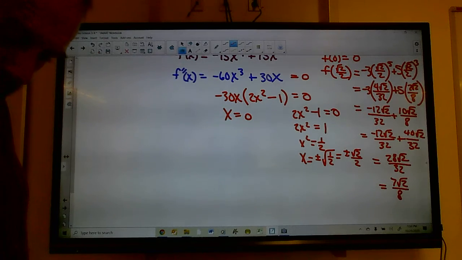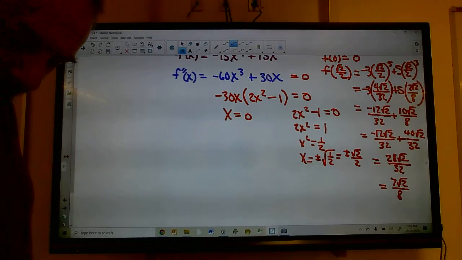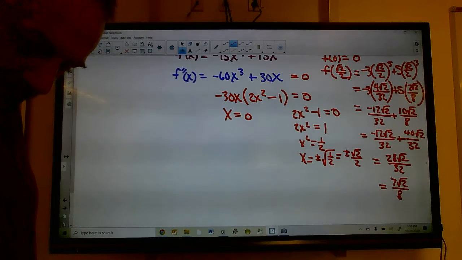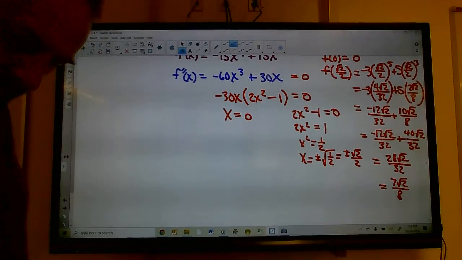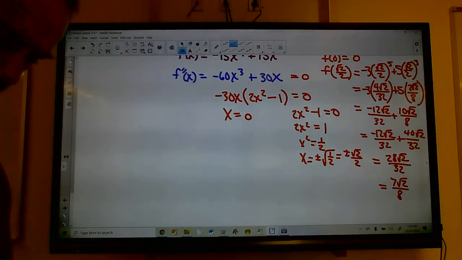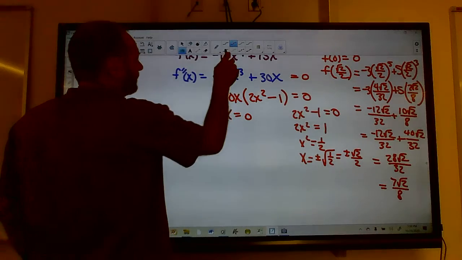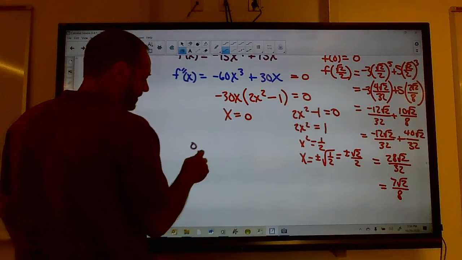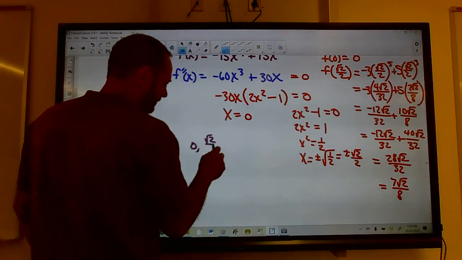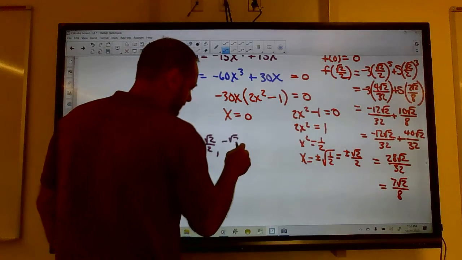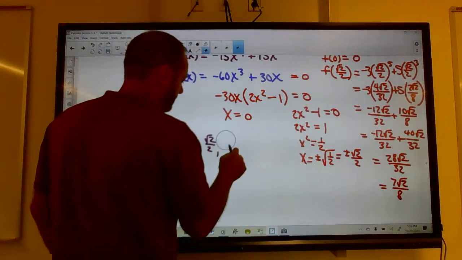Okay, so let's see. If I have these critical points that are at 0, square root of 2 over 2, and negative square root of 2 over 2, let's put this kind of in order.